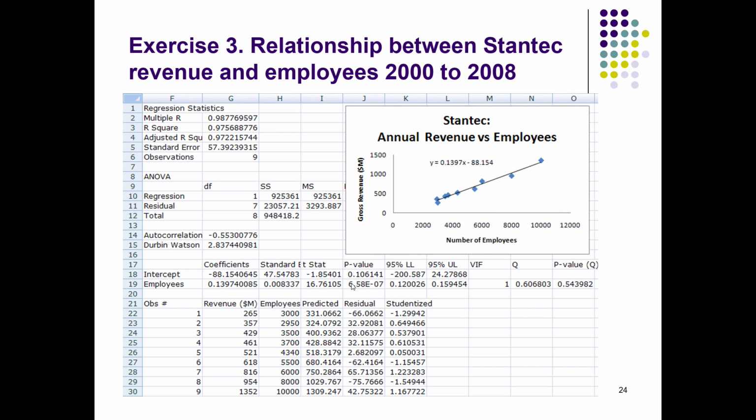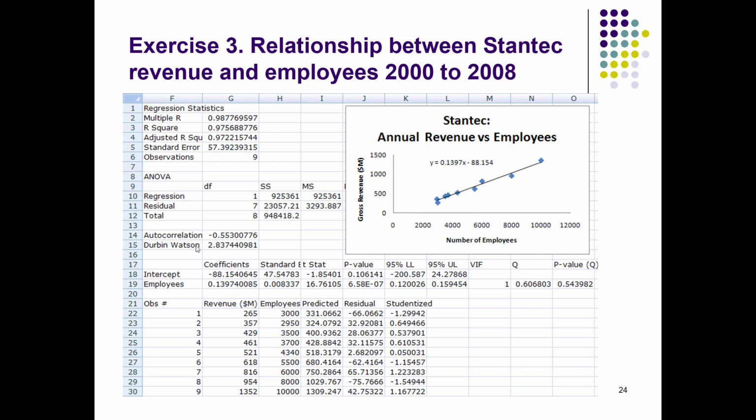Well, I can take a peek and look at the p-value for the sole slope, and that's going to be the same p-value as for the significance F. And this only works for a simple linear regression. Don't start trying to do this in multiple linear regression, but it does work in a simple linear regression. I can figure out the F-stat because I can just look at the ratio of these two mean squares here. But we see the p-value is very small. Okay, so the model is significant.